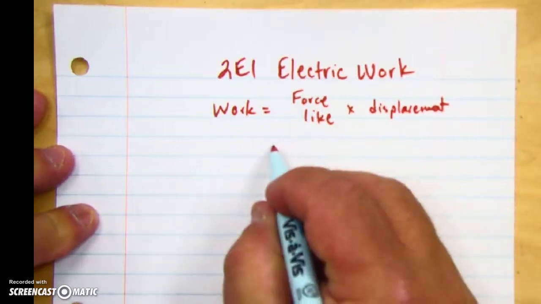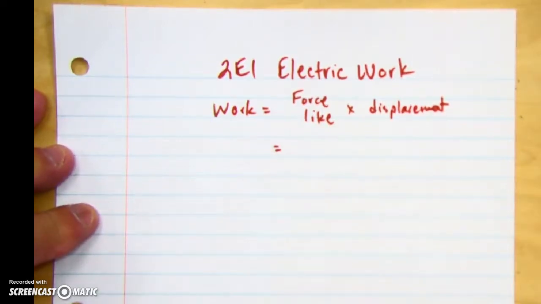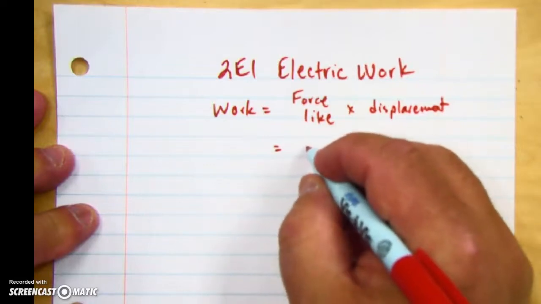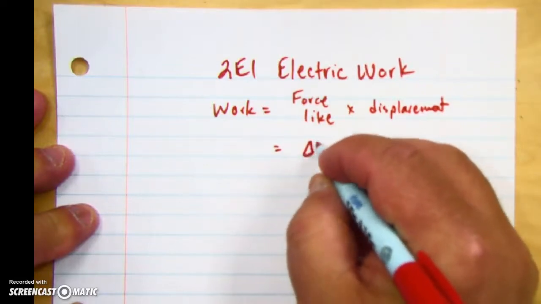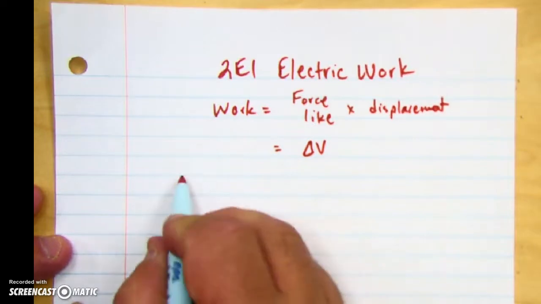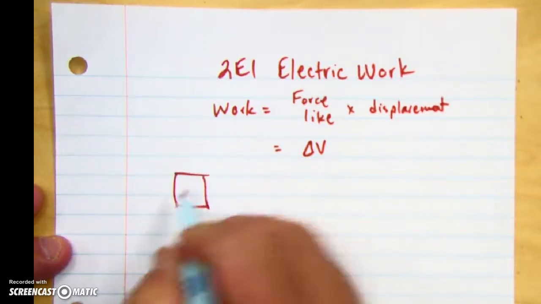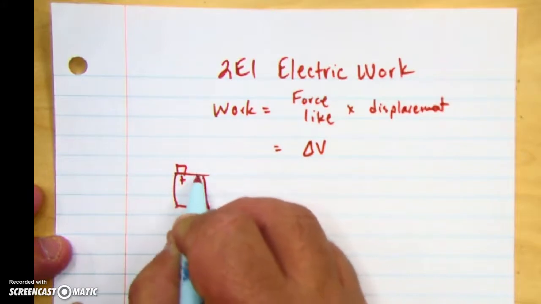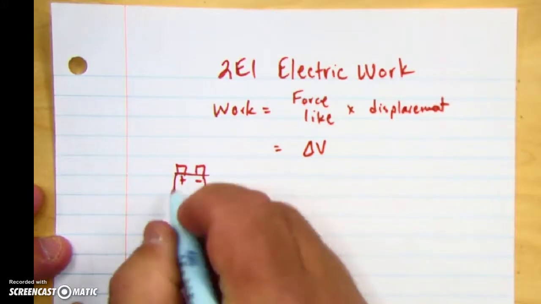Now, the force-like quantity that causes work to happen is a change in voltage. We don't often have to write the delta. Sometimes we will just say voltage, because a 9-volt battery essentially means that if you have your 9-volt battery here, you have the positive part and the negative part.